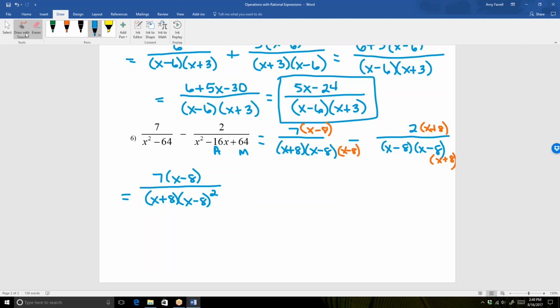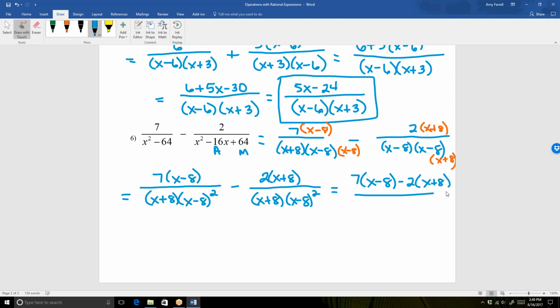So that just saves just a little bit of space. Okay, minus 2 times the quantity x plus 8. And then I've got my same common denominator. All right, and then I'm going to subtract numerators and retain that common denominator.